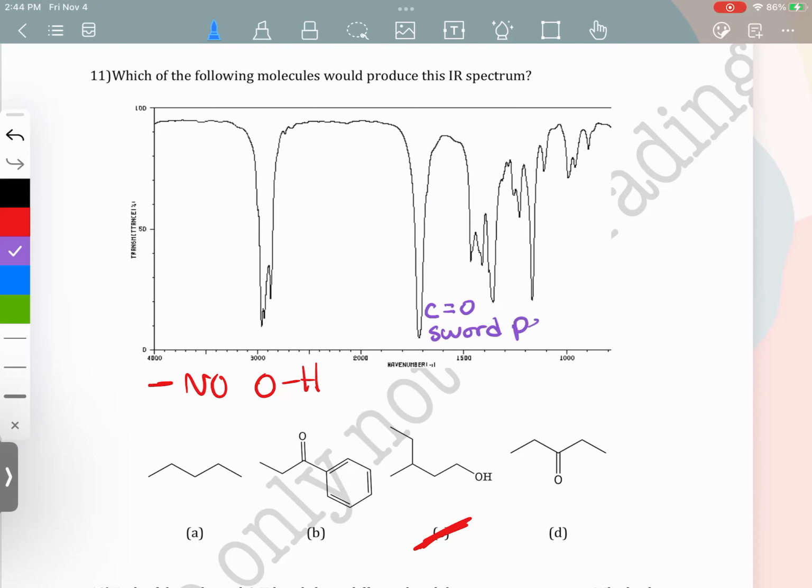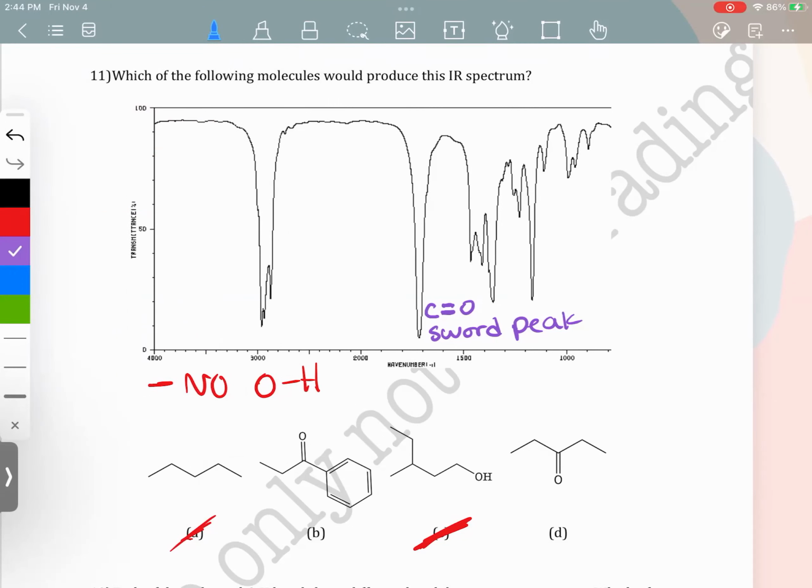So whenever you see a sword peak around this region here, it is always represented by a carbonyl bond, a carbon double bonded to an oxygen. So we know we have that for sure. So we can also eliminate answer choice A. Now we're between B and D. Can we say it's B?